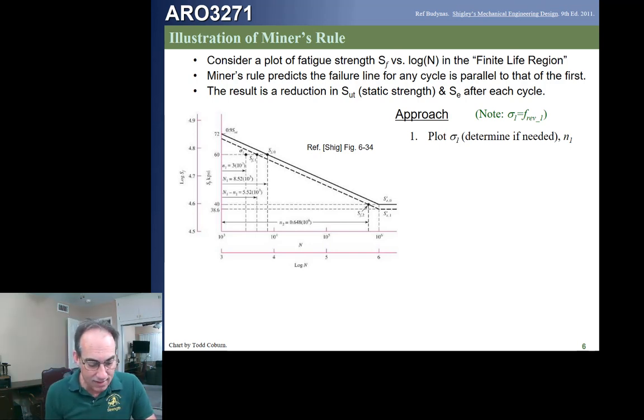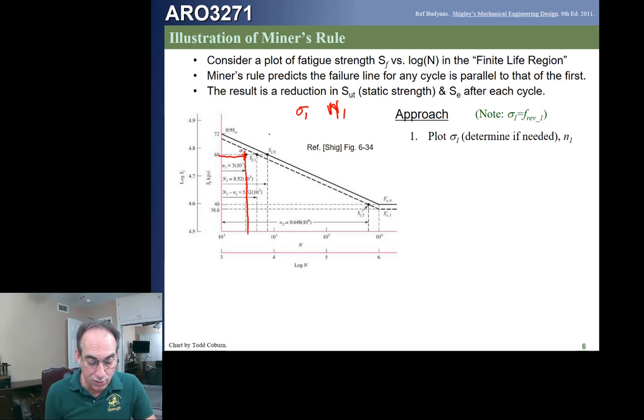So if our part has a stress sigma 1 applied for lowercase n1 cycles, we come out to n1 cycles on the curve and plot our point. That's inside the SN curve, therefore it's good.